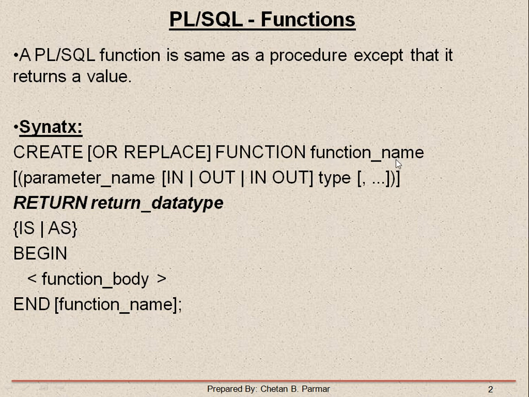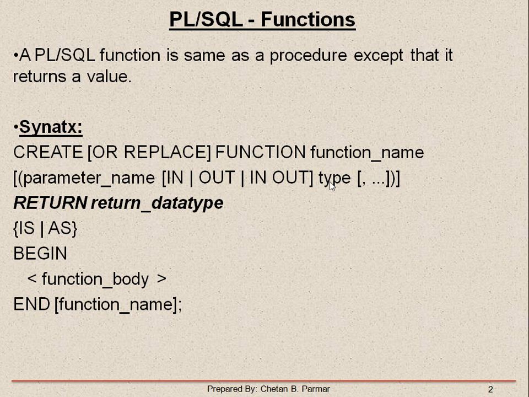Then the name of the function, whichever name you want to give. Then in square brackets, the parameter name in the form of in, out, and in out, and the type, meaning which type of data you want to pass. We already discussed in, out, and in out in the procedure video, so you can see that video to find out the basic difference between in, out, and in out.